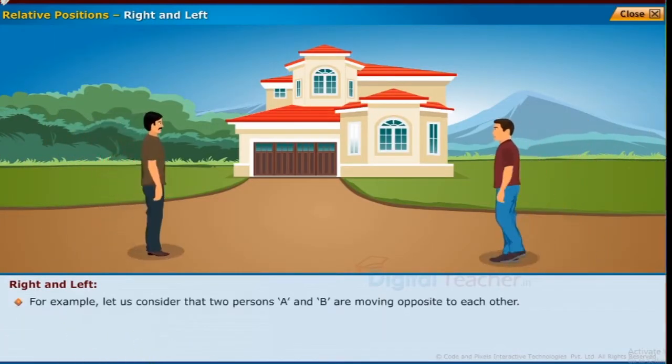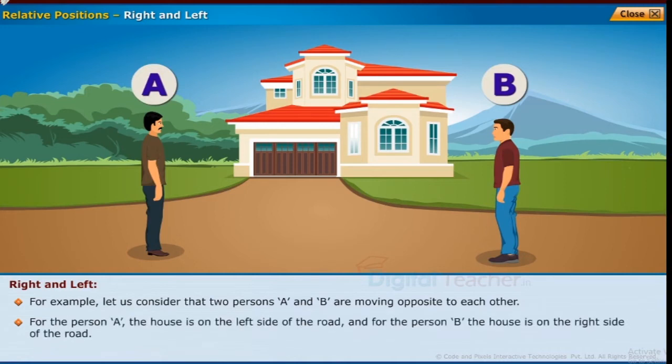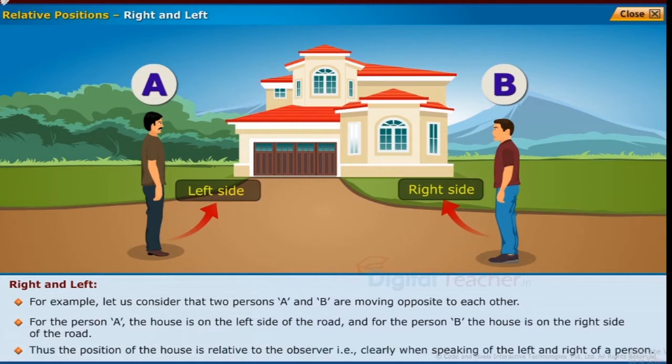For example, let us consider that two persons A and B are moving opposite to each other. For the person A, the house is on the left side of the road, and for the person B, the house is on the right side of the road. Thus, the position of the house is relative to the observer, that is clearly when speaking of the left and right of a person.